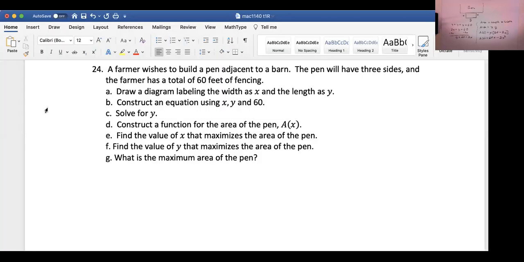I want to find a value of Y that maximizes the area of the pen. So find a value of X first that maximizes the area of the pen, and then Y. So let's talk about that. We have A of X is 60X minus 2X squared.